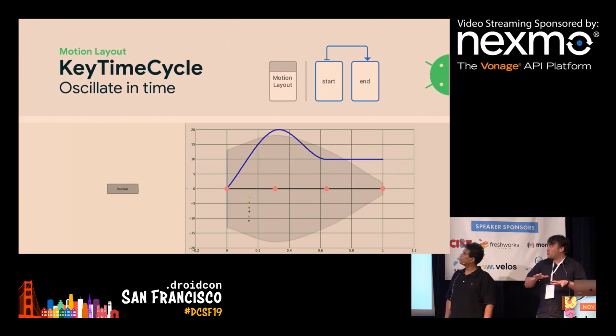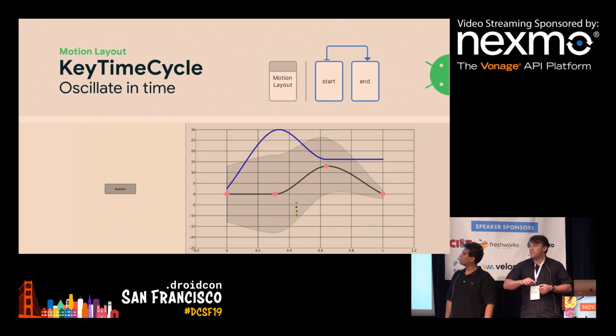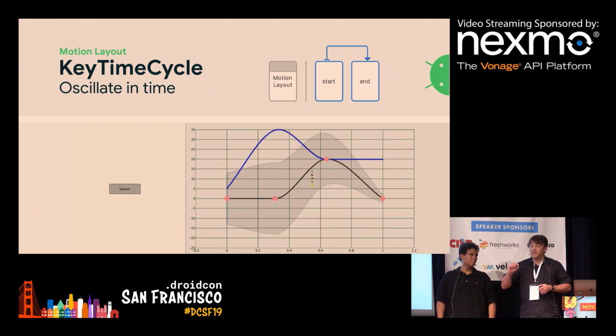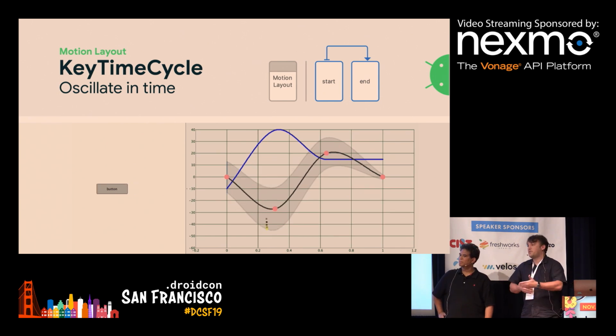What that means in concrete terms is that if I'm moving with a key cycle, let's say I'm transitioning, I'm in between two states, and then I stop, for example because it is driven by my gesture. Well, with key cycle, because we're in the middle of the progression, everything will stop, will freeze. But with key time cycle, because it's dependent on the clock, it will continue to animate.